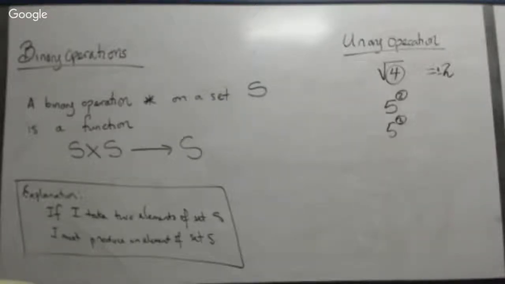Some operations, such as addition, subtraction, multiplication, and division, meaning all the operations that we know, must be applied to two numbers. Let's take out the trivial case of 4 divided by 4. Even when you have 4 divided by 4, it's really two numbers, repeated. But it needs two numbers to operate.